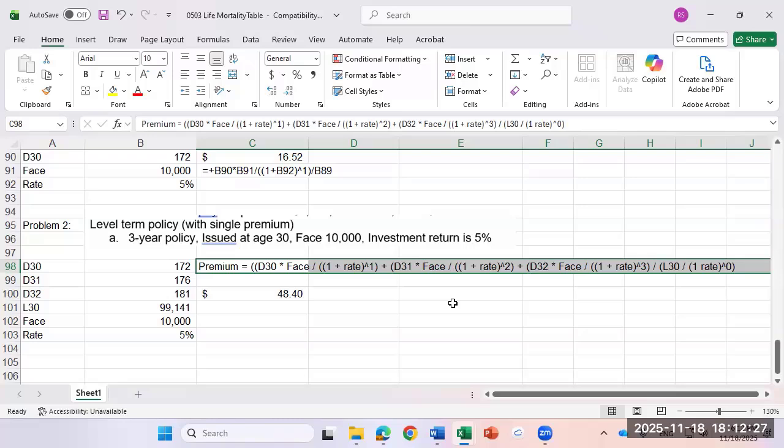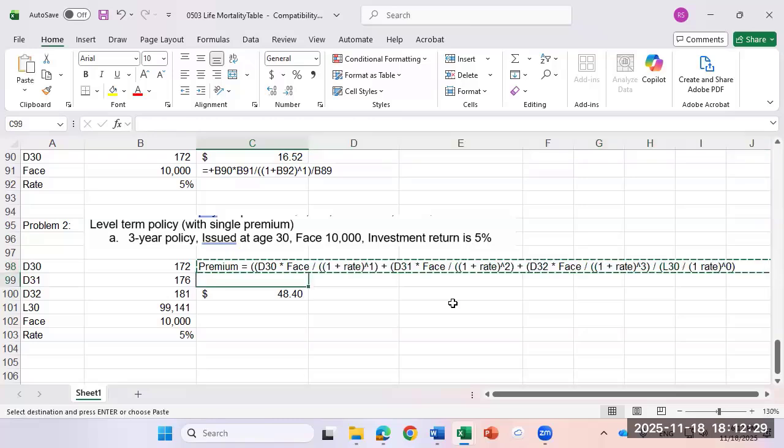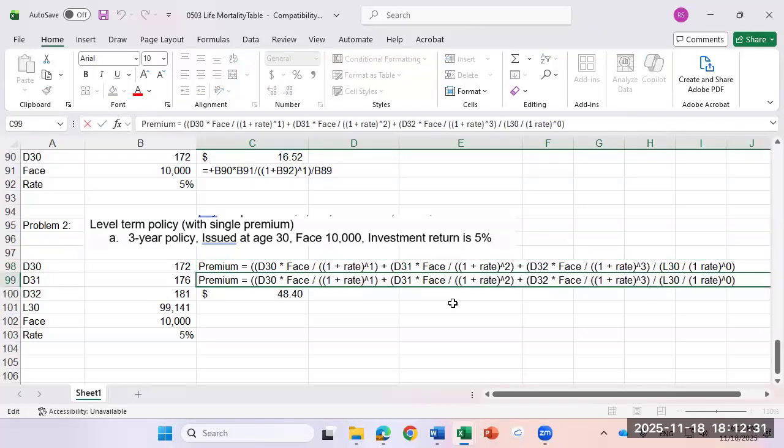So the main point is, if you were to do this on the exam, you just put the rate in there. You just do that all the way throughout.